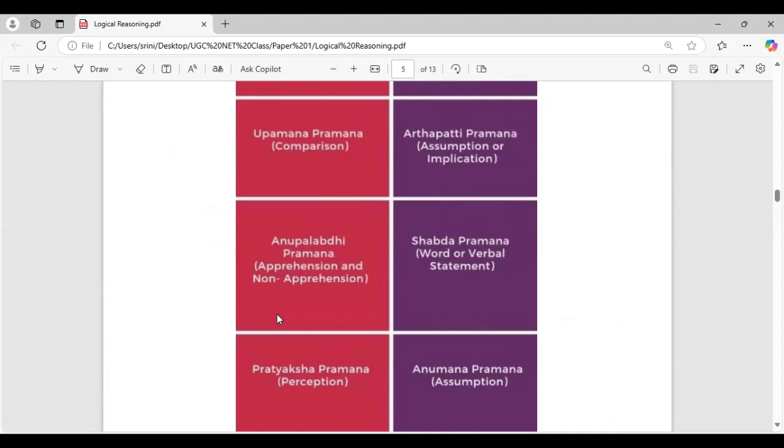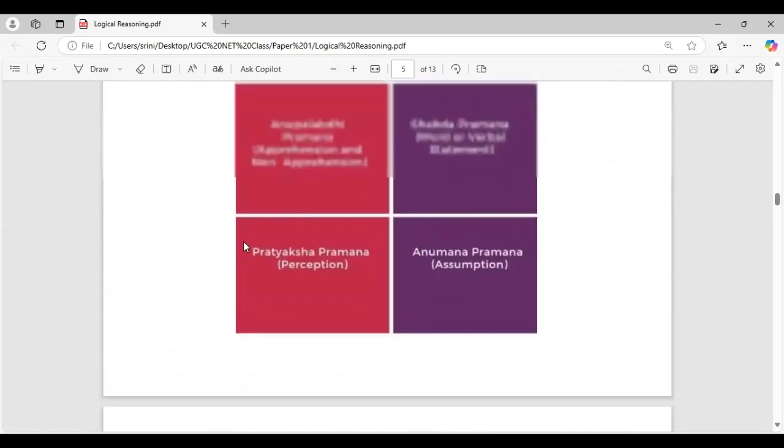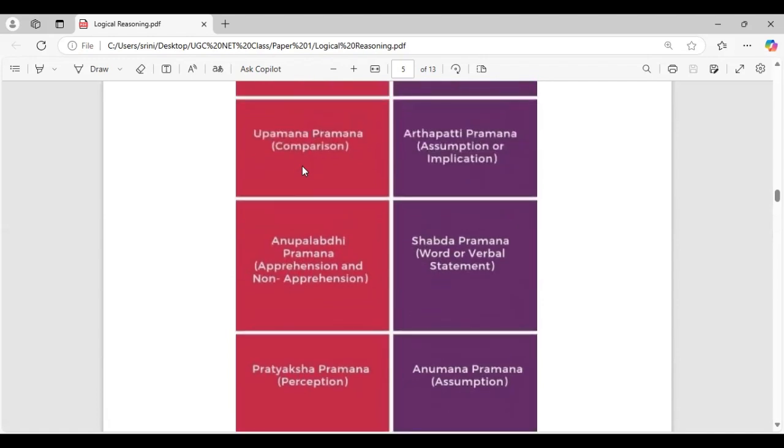Assumption, implication. I will go with assumption. Pratyaksha Pramana, that is perception through sense organs. Then Anumana Pramana, that is assumption. Then Upamana, comparison.